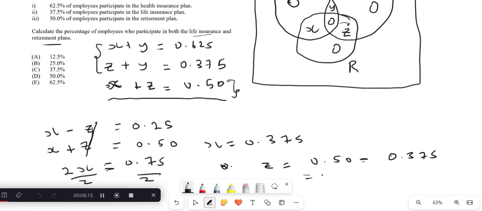So 0.5 minus 0.375 gives me a value of 0.125. And 0.125 is the same as 12.5%, which is my answer A.